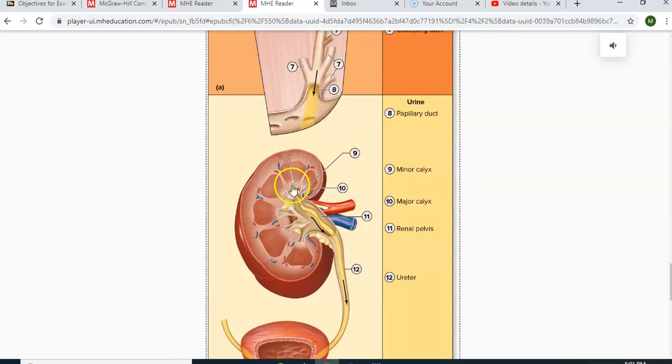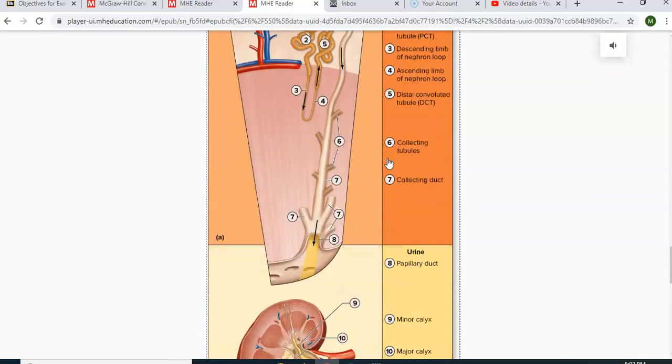And so now realize that urine is going to go through those little papillary ducts that we learned about in lab that are located where the renal papillae are. Remember, all the tubes are merging together because we want to get the urine all into one area eventually.